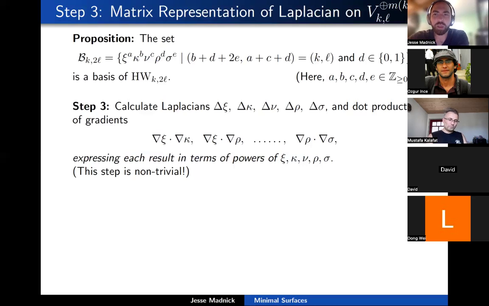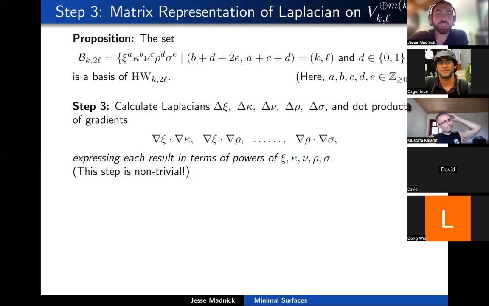By the properties of highest weight functions, for example, the Laplacian of psi will be another highest weight function. So it's a linear combination of basis highest weight functions. But then the question is, what is that linear combination? And that's where you need to use the differential geometry of the hypersurface.